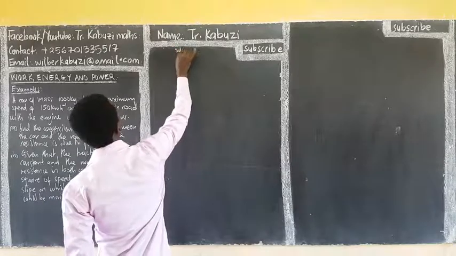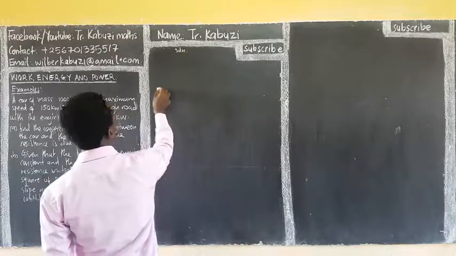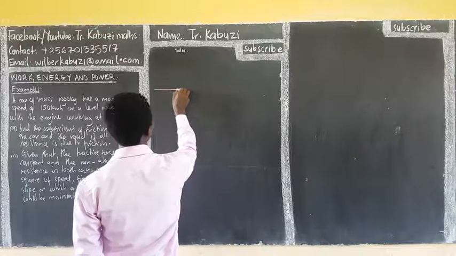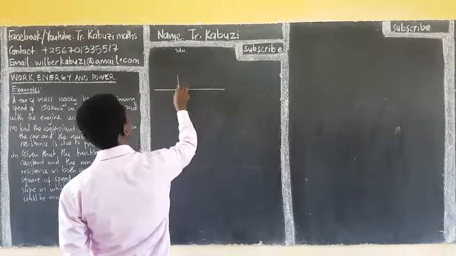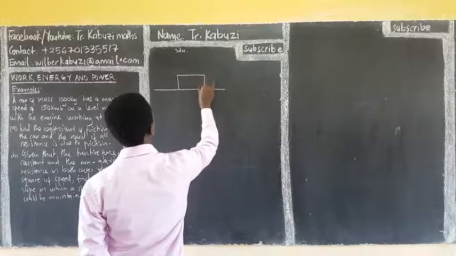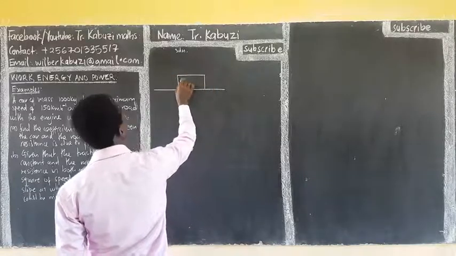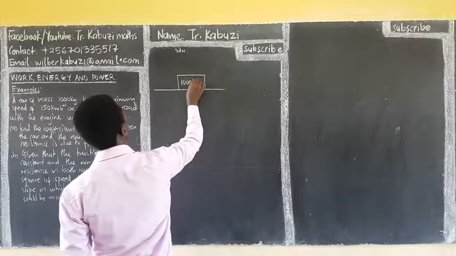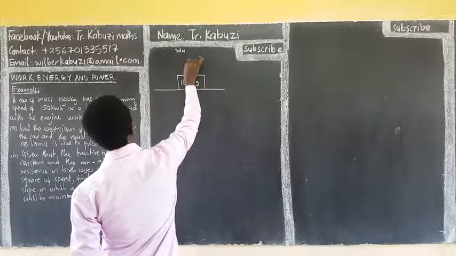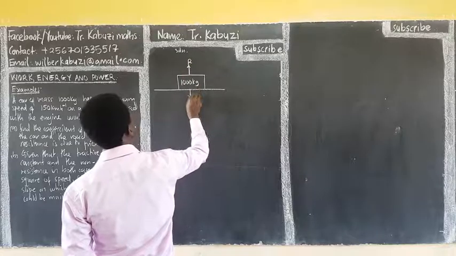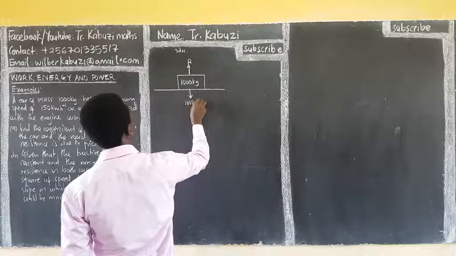So in our solution, we can first draw a simple sketch. We have our car with a mass of 1,000 kilograms. Of course, we're going to have resistance. The weight will be 1,000 g.